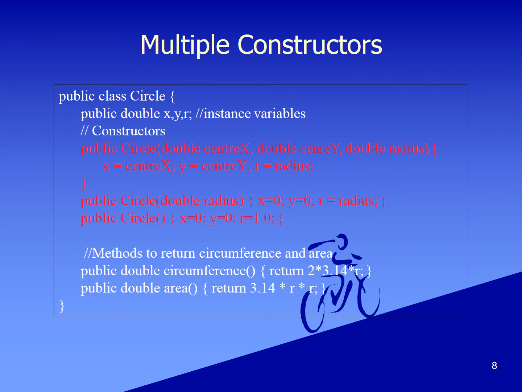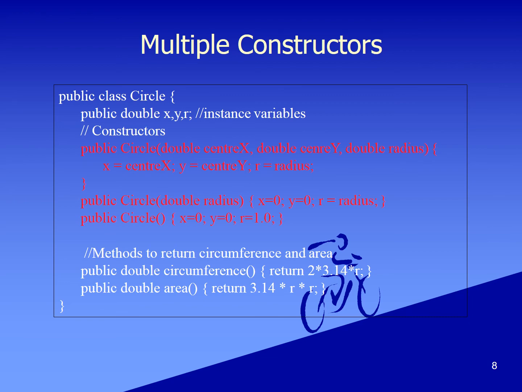In the second constructor only 1 argument is passed. And in the third one there is no argument. That means the third one will automatically initialize the variables when the object is created.